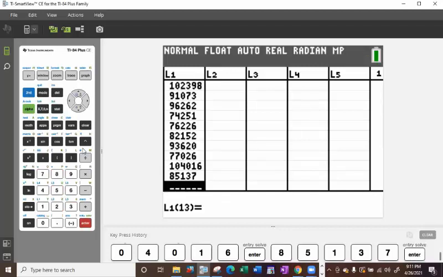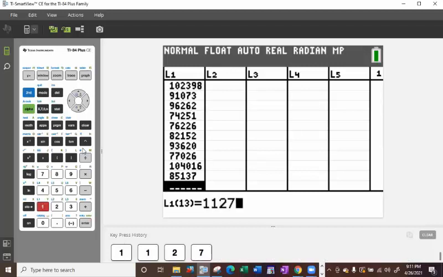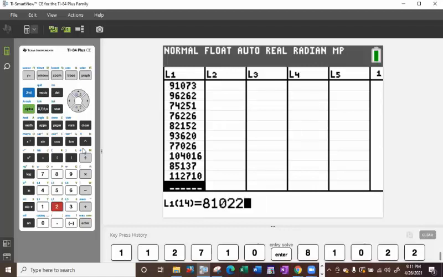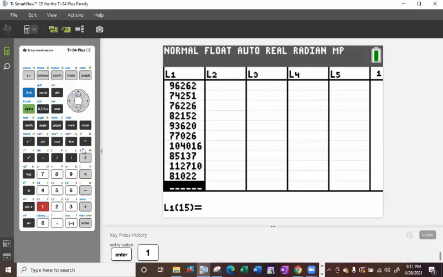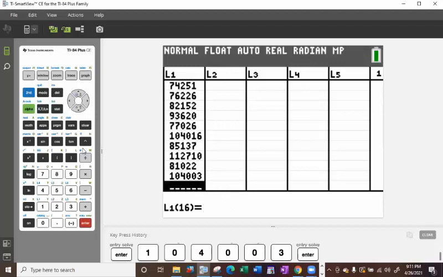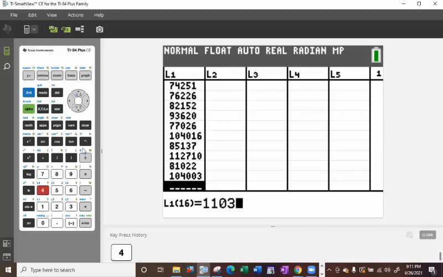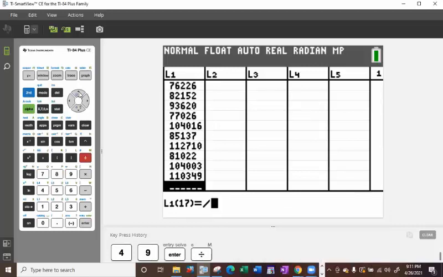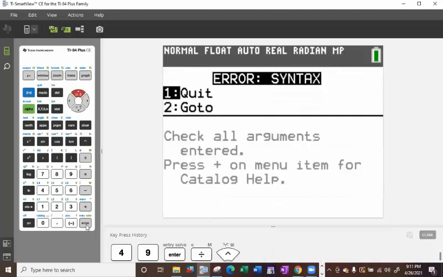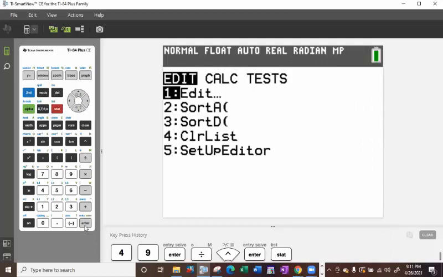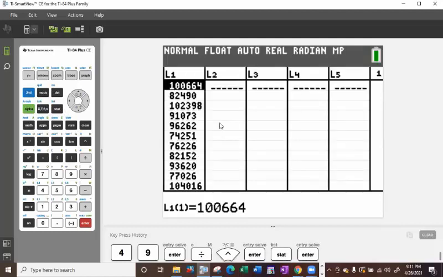Four to go. Okay, now let me scroll back up. God dang it. I gotta get rid of that stupid... Okay, maybe it got rid of it for me.